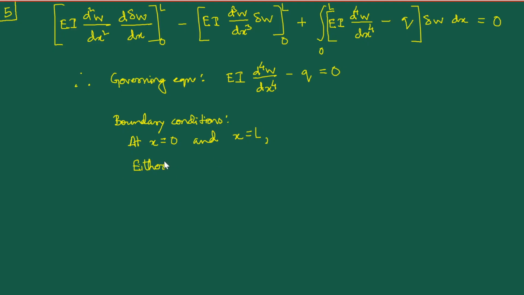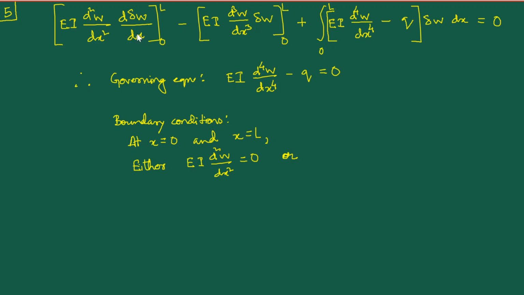At x equal to 0 and at x equal to L, what we have is that either we have this thing to be equal to 0, either EI d square w dx square is equal to 0, or, and this is very very important to write properly, this dw dx is specified.